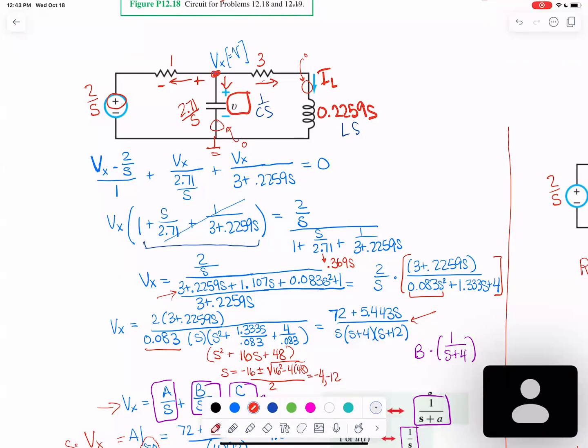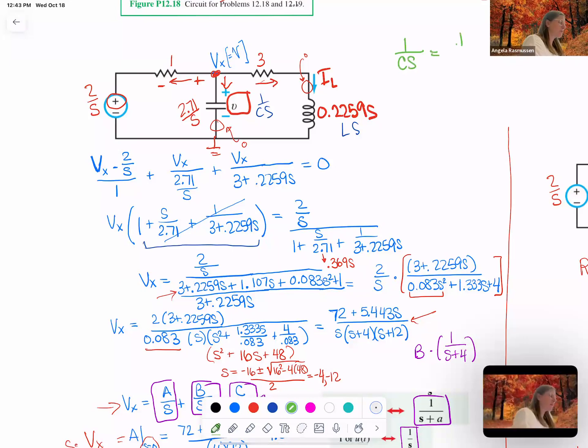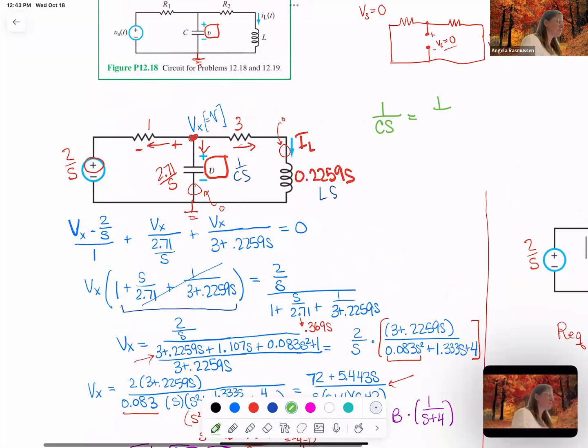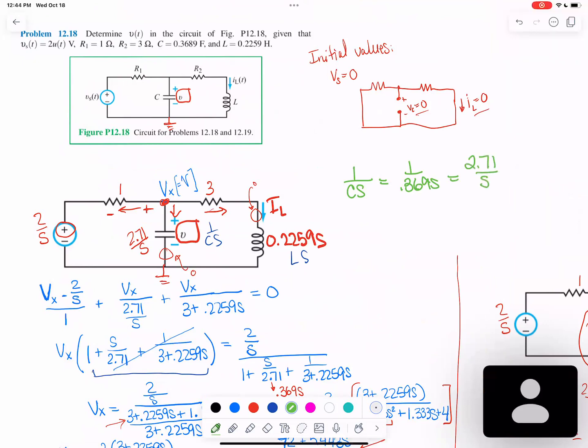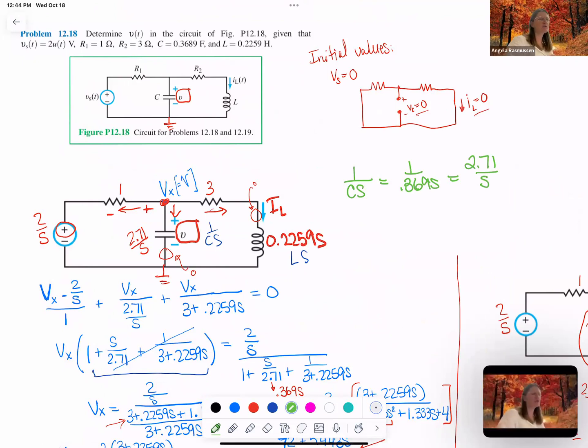I just think I transformed my capacitor wrong and would like to see an example. One over, let's see, point... this one? For A. So one over 369 is also 2.71 over S. That makes sense. Thank you.